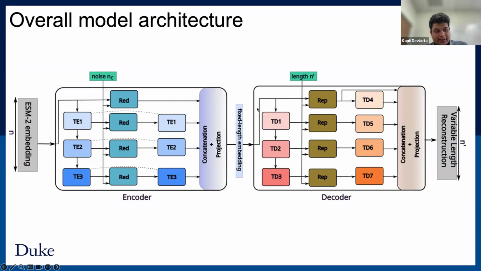We are just taking the fixed length representation, repeating it, projecting, and applying a simple transformer on it to produce one replicate. And then we are adding complexity by appending multiple transformer blocks one after another. And finally, all of these are concatenated and then projected to the final layer. Does that make sense? Yeah, thank you.